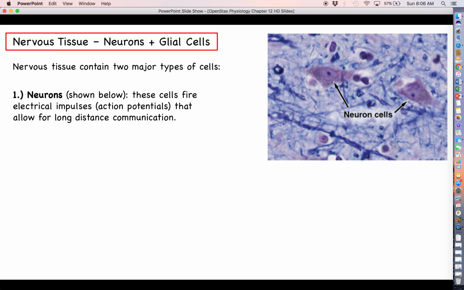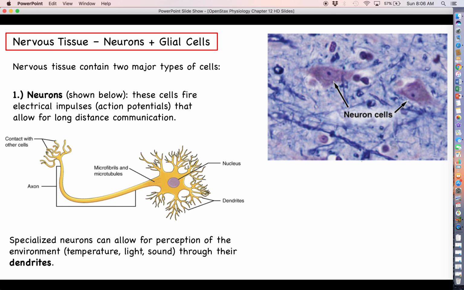We've got the neurons, which we are going to talk about a lot in this chapter. The neurons are the cells that send the electrical information over a very long distance. These cells fire what are called action potentials that send a message electronically through the axon of one of these neurons, and as we said, it allows for long-distance communication.